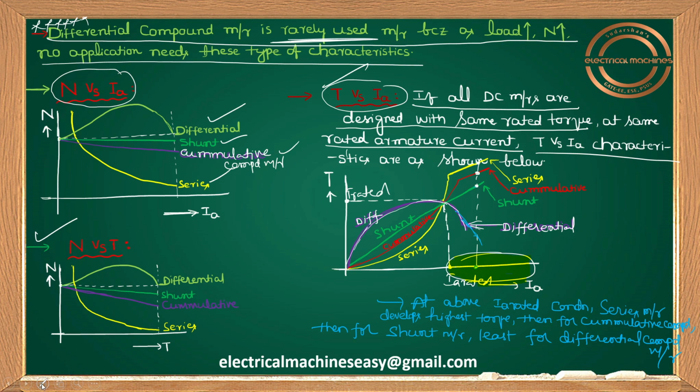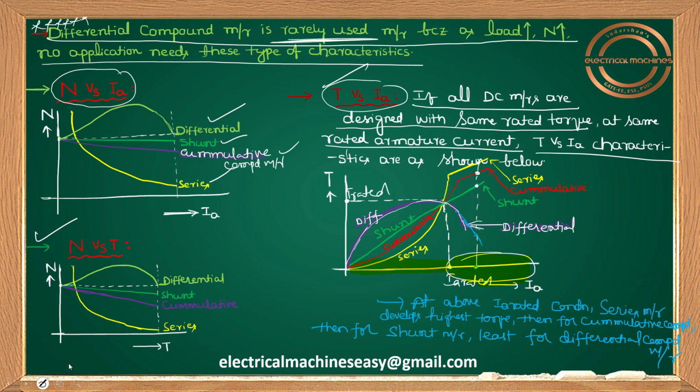At below rated armature current means you have to see this region. If all DC motors are designed with the same rated torque and the same rated armature current, at below rated armature current, tell me which motor develops the highest torque. Very simple question, but try to understand clearly.